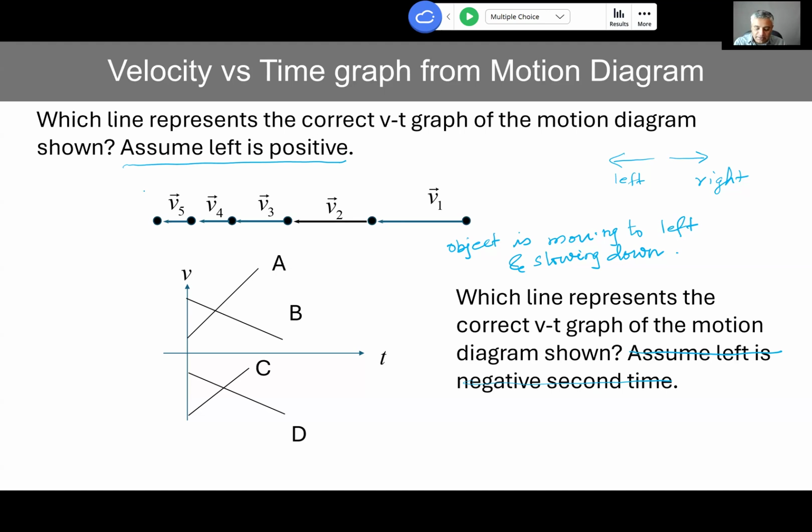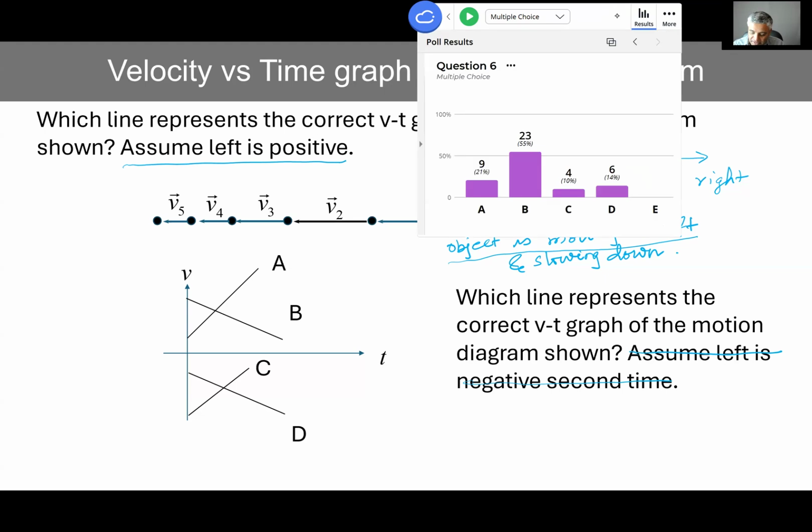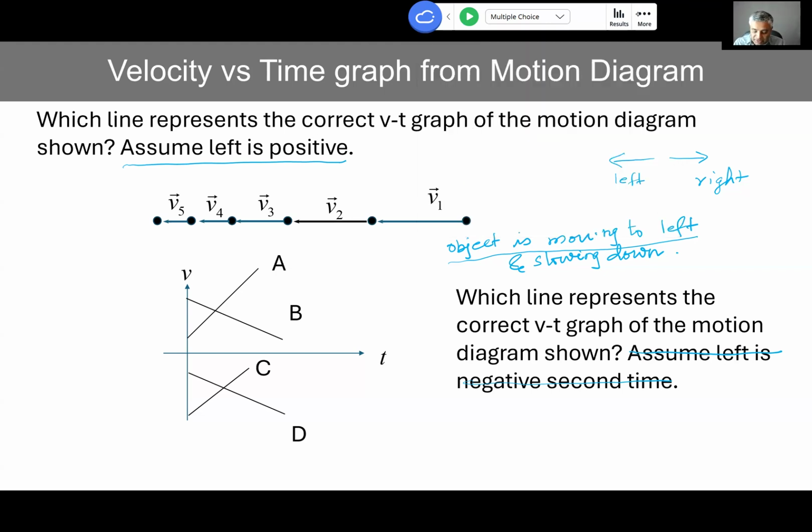So basically this motion diagram, if I were to describe this in words, that's how I would describe. Object is moving to left and slowing down, right? Velocity is decreasing. So this side is left and velocity is decreasing. So which graph is that? So now we have a little bit more for B, but still there is quite a bit of confusion.